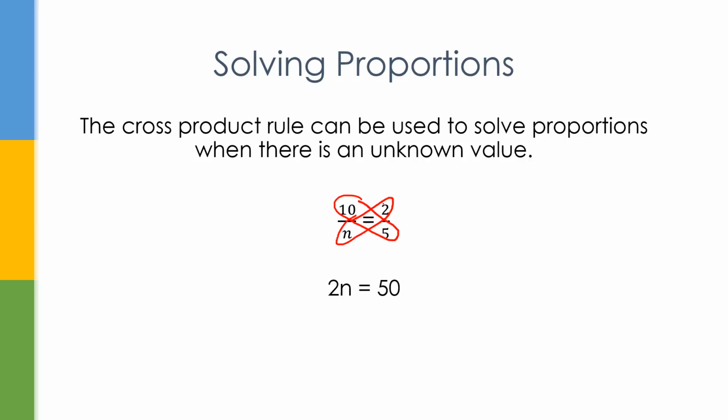Now to solve this equation, we divide by 2 on both sides, and then we get our answer as n equals 25. And think about that. If I put this over here and I said 10 over 25 equals 2 over 5, if I reduce that, it should equal 2 over 5.